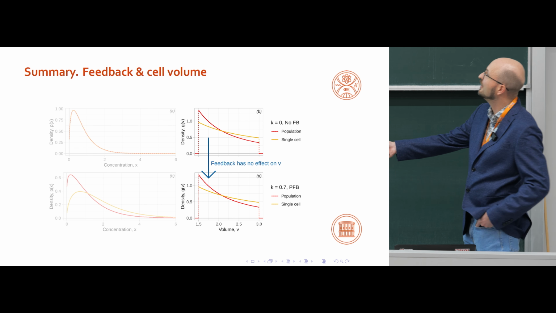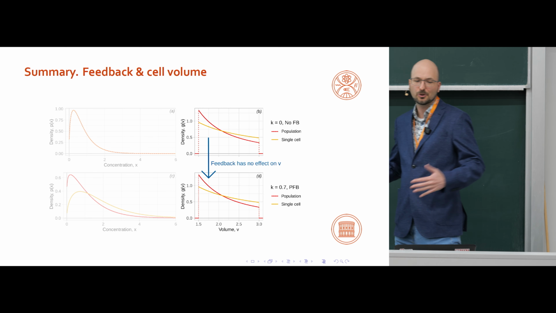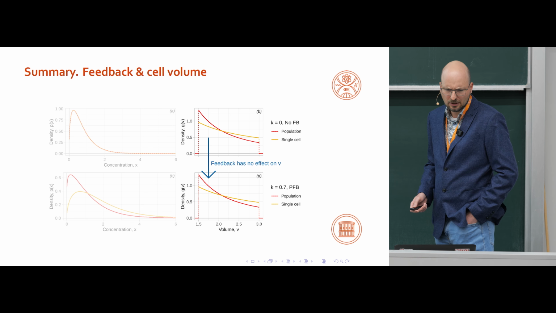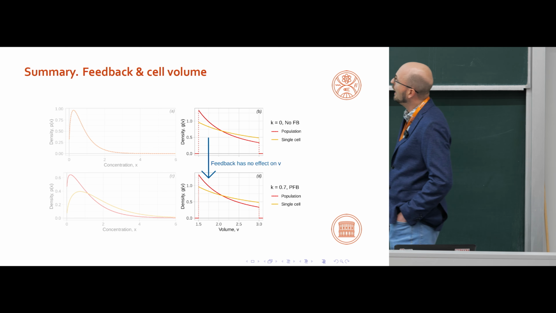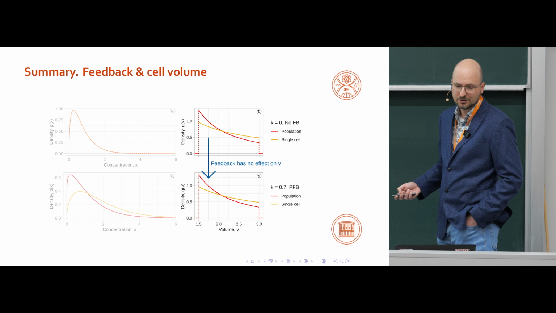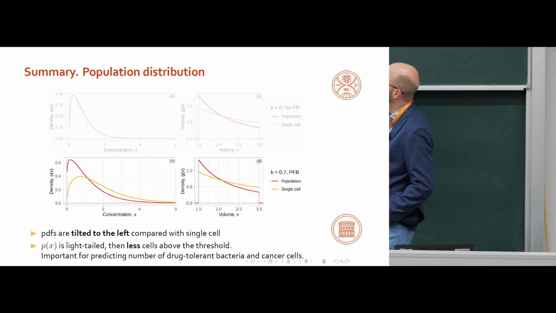It has a tendency to prefer smaller volumes because those cells grow. And feedback has no effect on the volume distribution. But feedback has an effect on the concentration distribution, and you get different distributions for population and single cell.